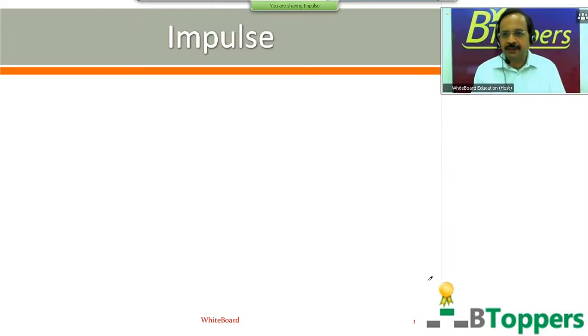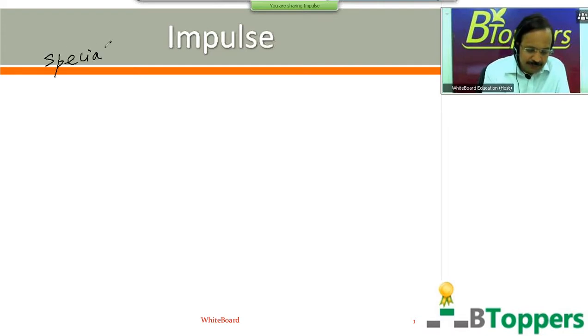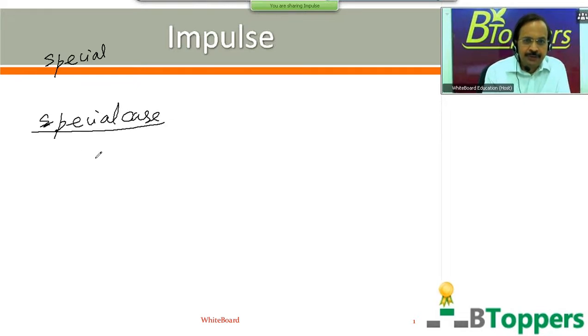So I would like to discuss one special case which we sometimes come across in some of the numerical problems in impulse. Of course, in some of the examples, it may be given that the force acting on the body changes linearly with time.